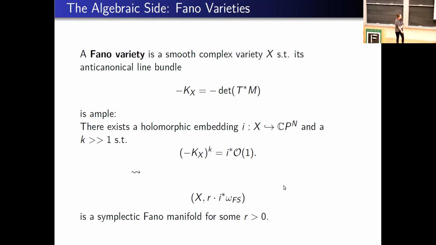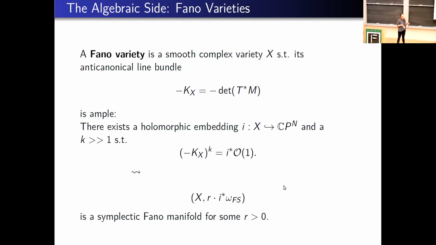And what you can observe in this case, because of the naturality of the Chern classes, is the following: when we endow our variety X with the pullback of the Fubini-Study symplectic form on the projective space, then we can rescale this form by a positive number r, such that X together with the form r times the pullback of the Fubini-Study form is a symplectic Fano manifold.